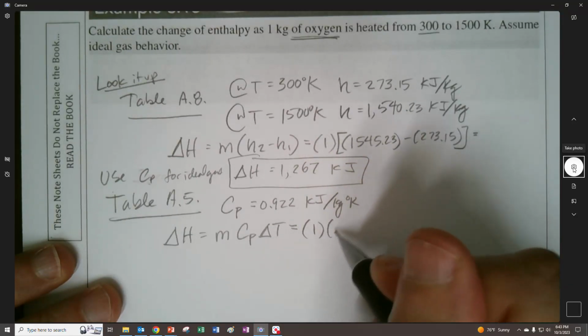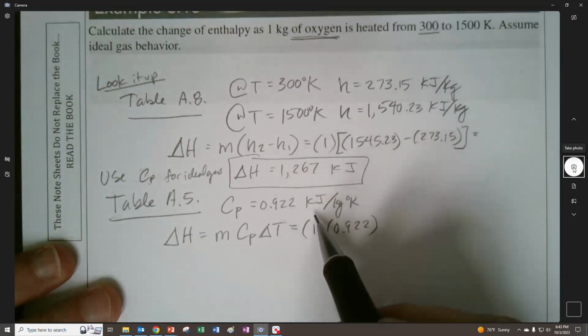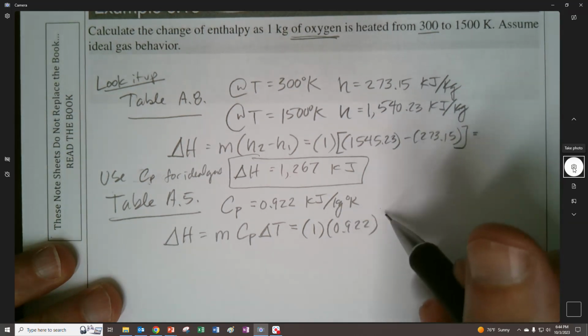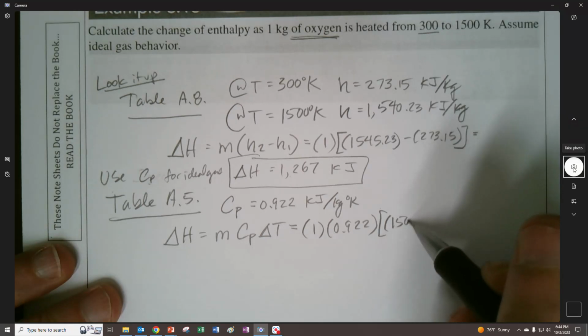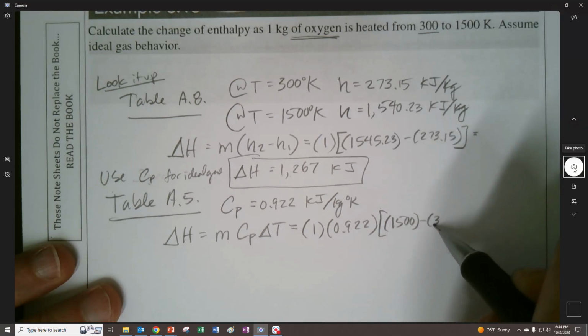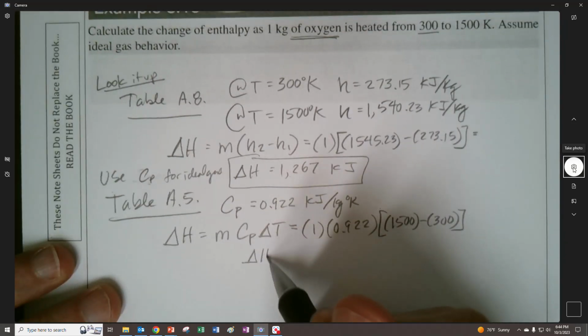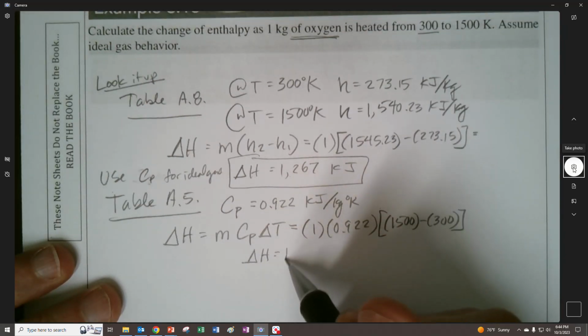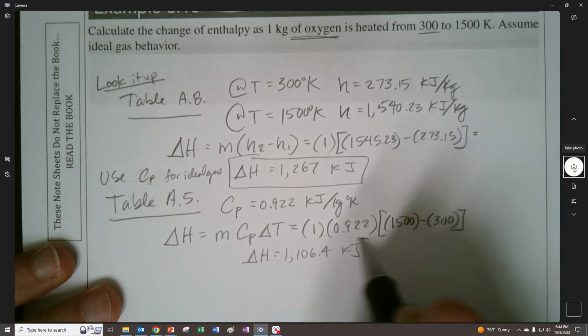1 times, and we're going to become unit cowboys here and just say we'll stick with kilojoules, and we're dealing with a delta T here. So we just go 1500 minus 300, not writing any of the units down. And now we predict that it's going to be 1106.4 kilojoules.